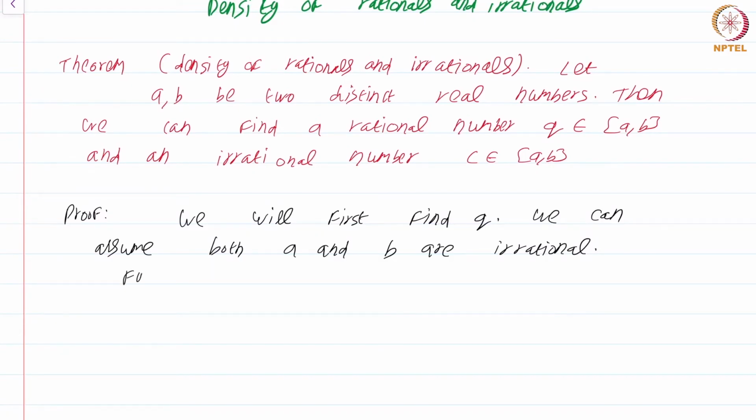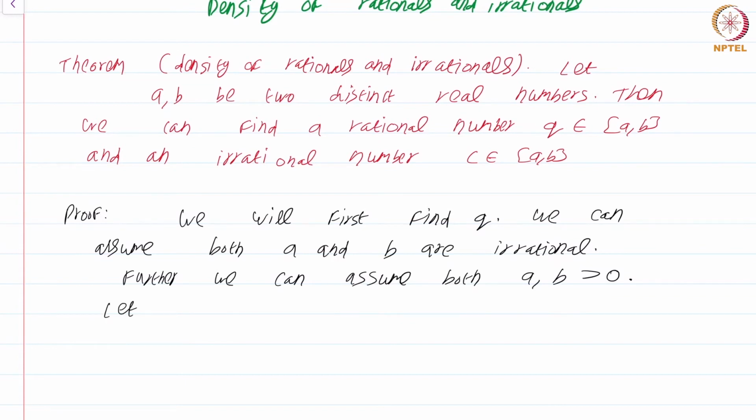Further, we can assume both a, b are greater than 0. I leave it to you to check what would happen in the other possibilities for a and b. I will just tackle this case. It really makes no difference.